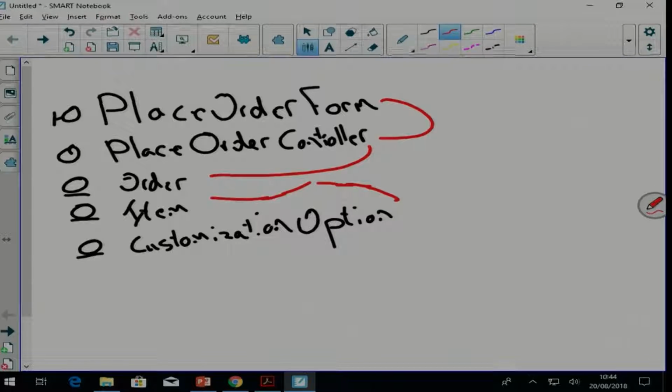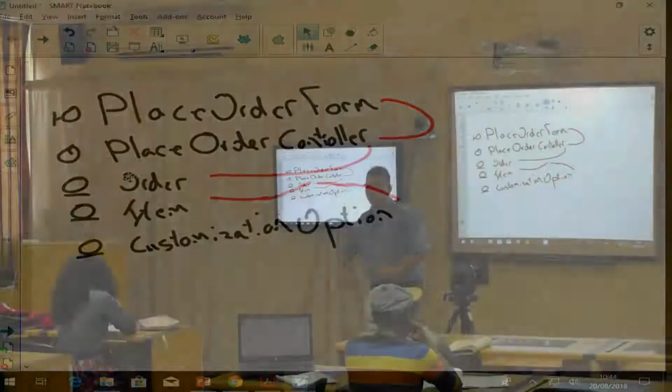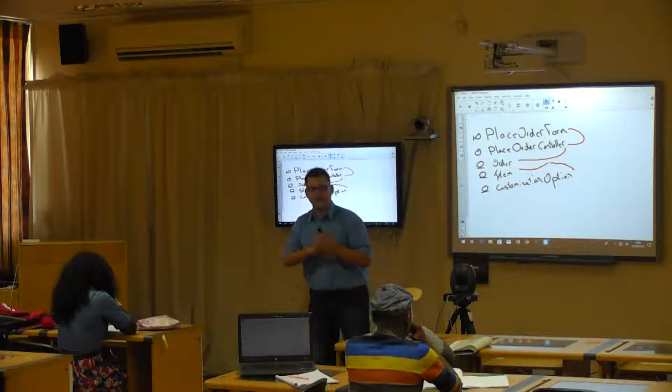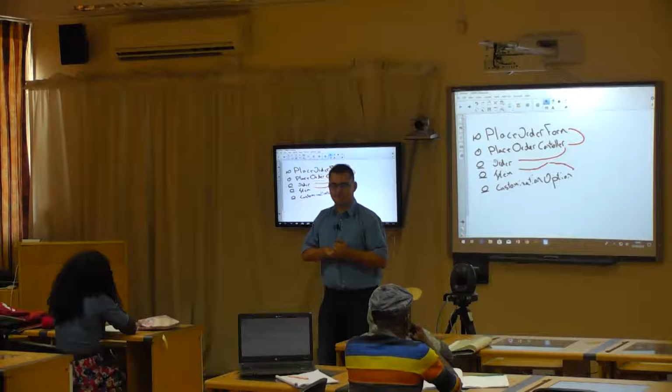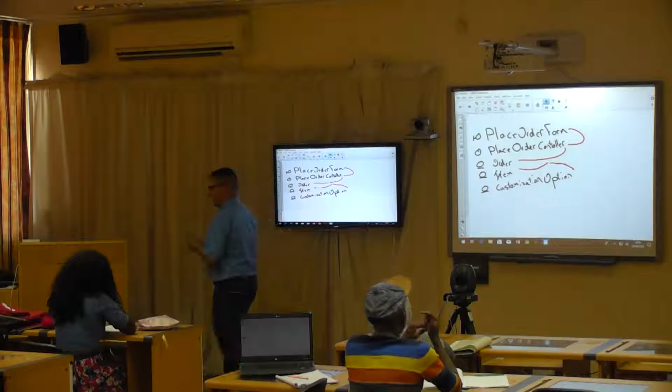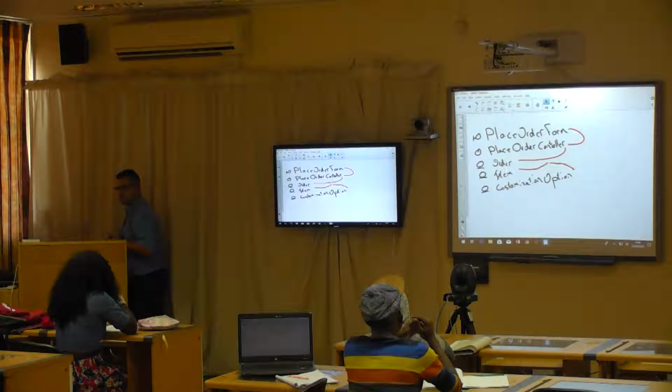Where can we find the multiplicity? Anyone have an idea? Where can we find the multiplicity?